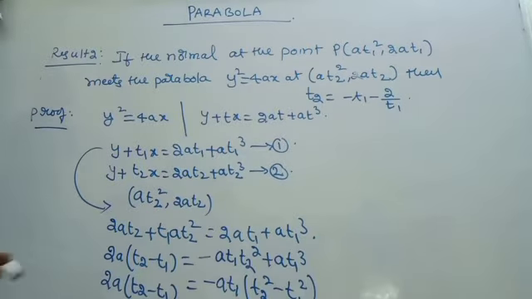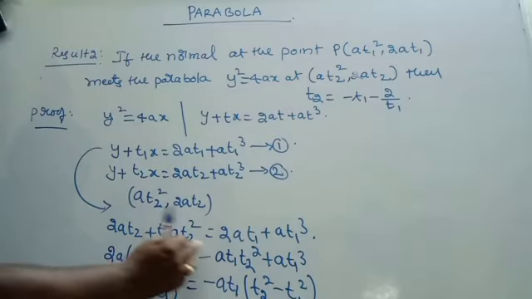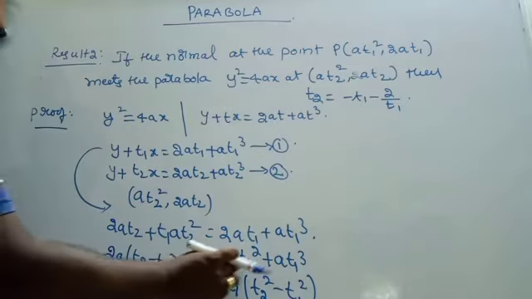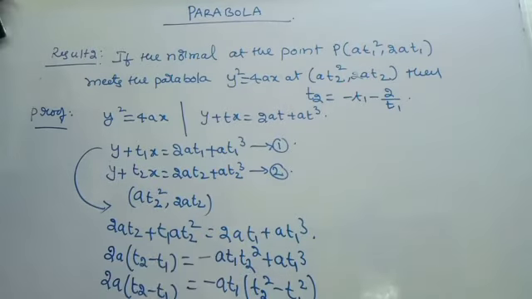Now see, my dear students, we transferred and have taken that to the right side. Which one is common? Minus at1 is common, so we take minus at1 common. Now this becomes t2 square minus t1 square.